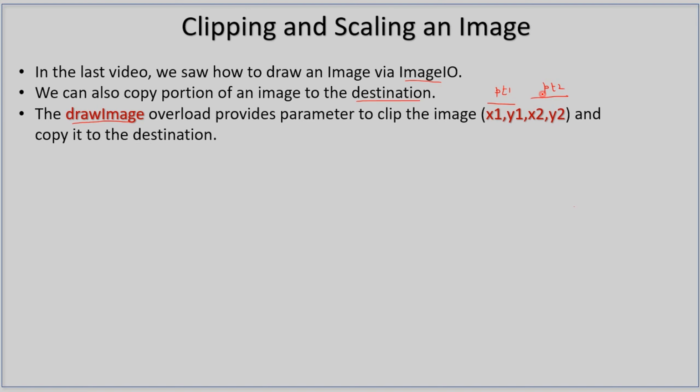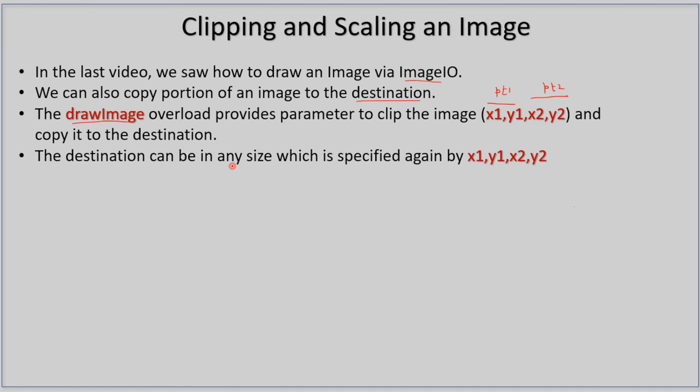So with these 2 points we can tell the drawImage API which portion of the image we want to copy and show in the destination. So when the destination window is the same size, based on the clipping, the scale factor will be decided.